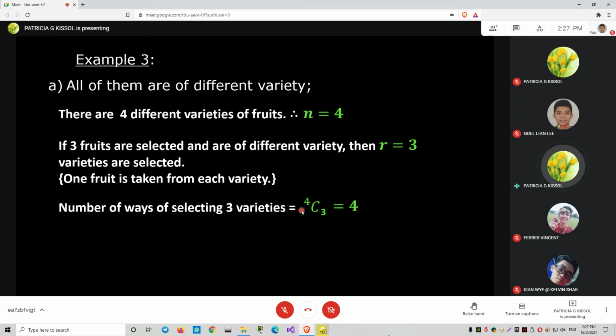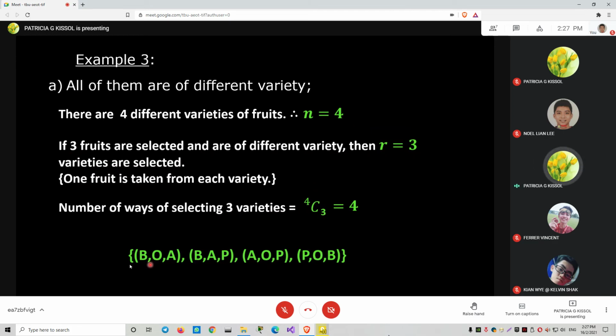If you use your calculator, 4 combination 3 is equal to 4, and that corresponds to only these. We have banana, orange, apple; banana, apple, pear; apple, orange, pear; and pear, orange, banana. So you can see none of them are repeating.